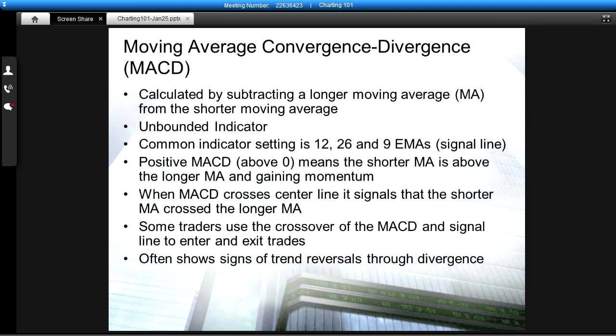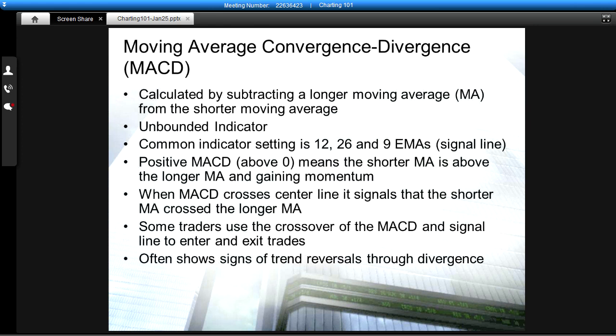A positive MACD above 0 means that the shorter moving average is above the longer moving average and is gaining momentum, meaning that it's getting further and further away from the longer moving average. When the MACD crosses the center line, it can signal that the shorter MA crossed the longer MA.